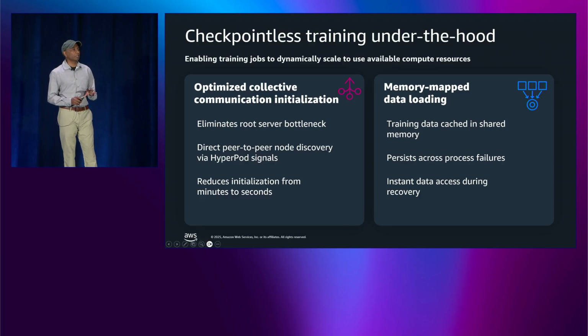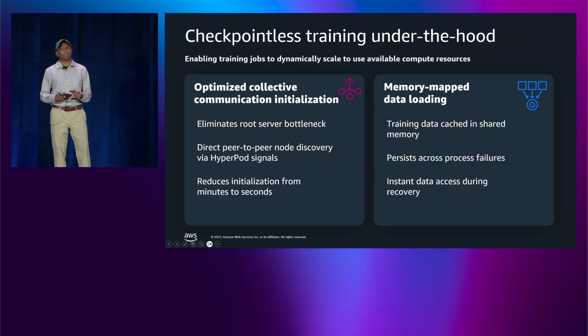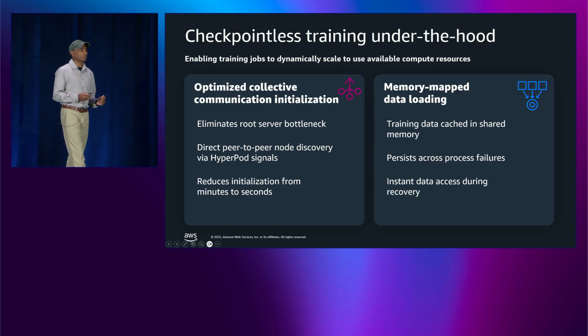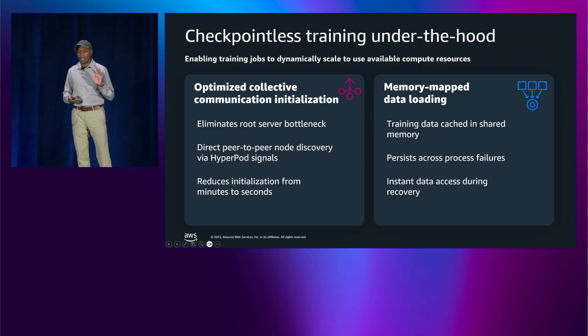We solved this by introducing a cache so that the pre-processed data is saved in the cache using a shared memory and memory mapped data files, so that when the training processes resume, they do not have to wait for reprocessing of the data. In this new world, they can instantly get started because the pre-processed data is already readily available for them.